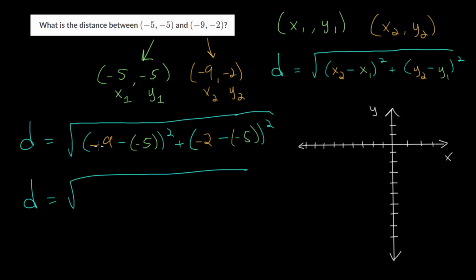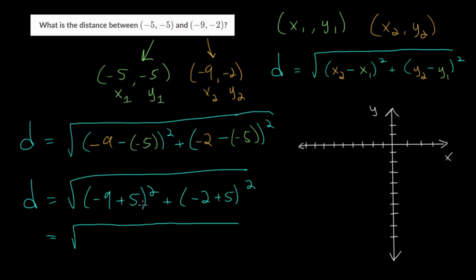We still have our big square root, and we have minus 9 plus 5, which we'll square, and here we have minus 2 plus 5, which we can square. So minus 9 plus 5 is negative 4, which we'll square, and minus 2 plus 5 is 3, which we'll square.